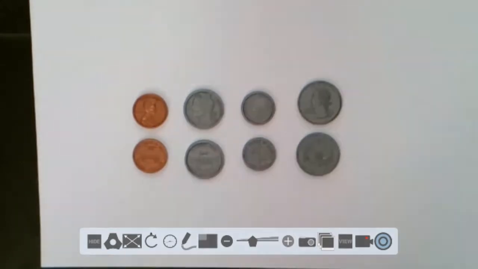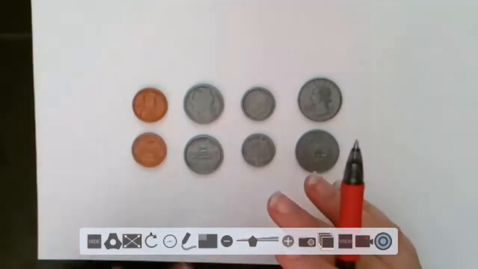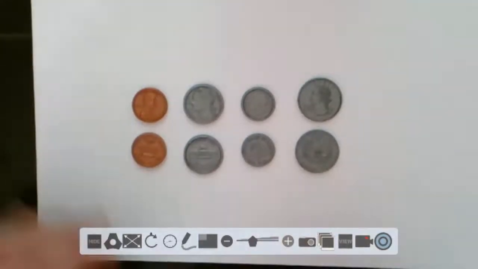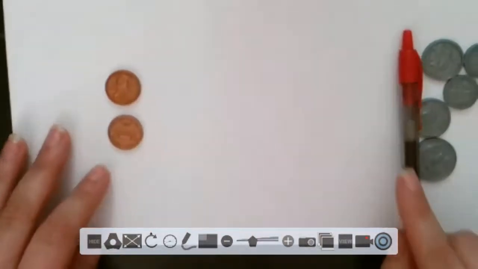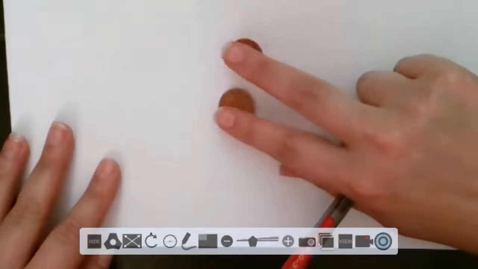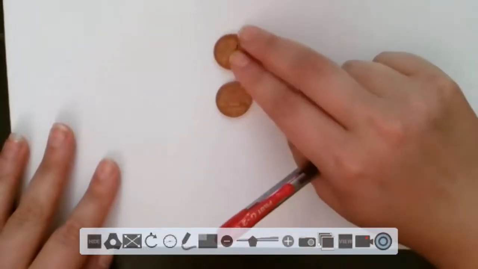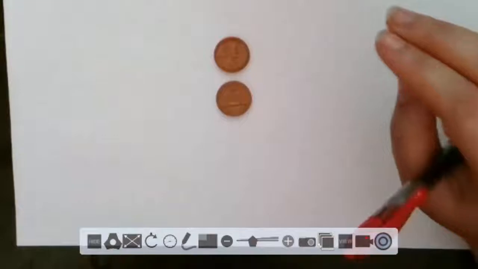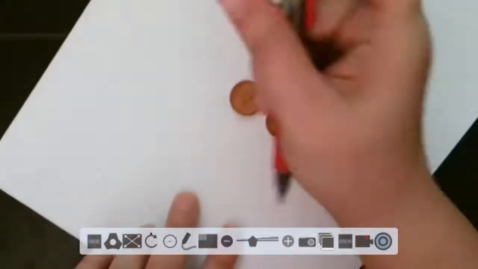So we are going to focus in on one kind of coin at a time. So I'm going to move these guys to the side, and we are going to focus on this brown kind of copper coin. This is called a penny.